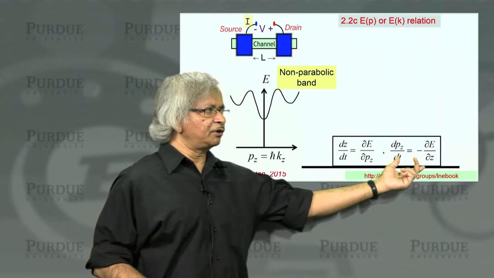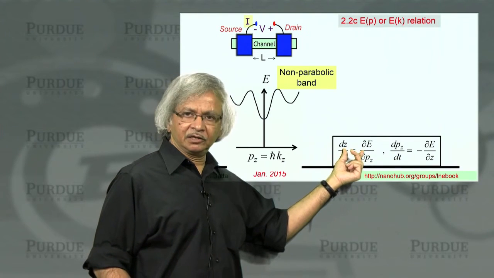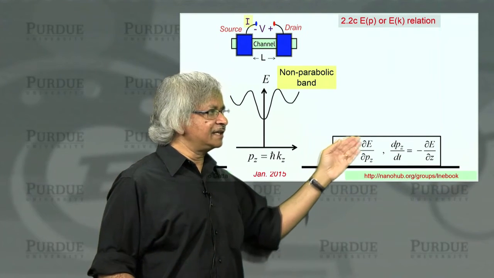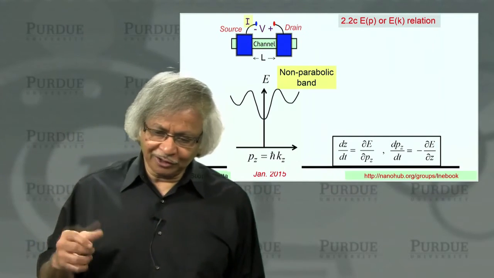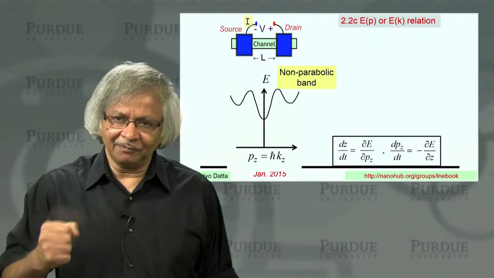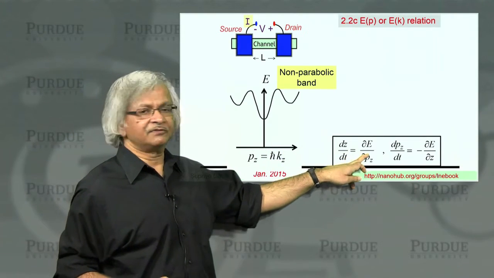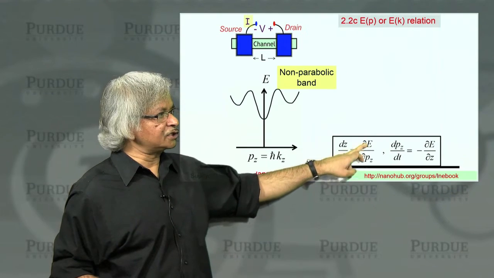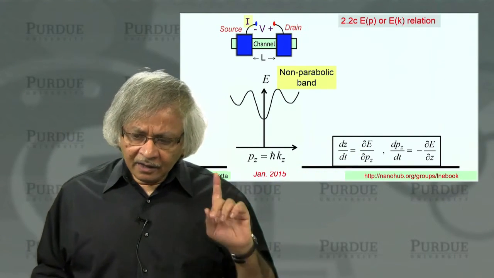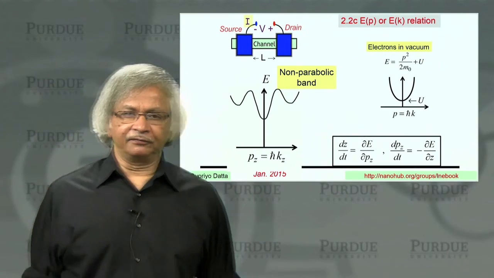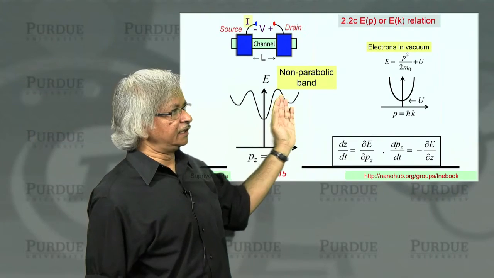This one is like what you have seen before, dp dt is force. But this one you may or may not be familiar with, where velocity is del E del P. The point I made earlier: usually you think velocity comes first, you multiply by mass, get momentum. Rather, here the way you should think is momentum comes first, take that, look at the slope, and that gives you velocity.